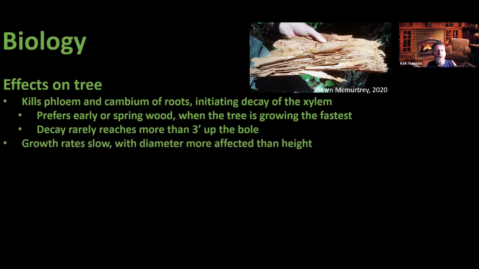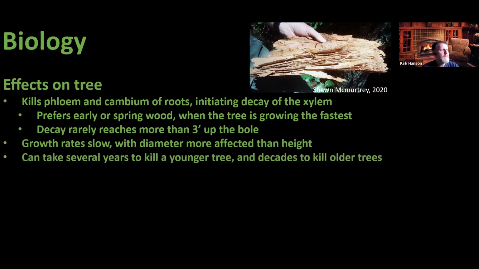The effect of root rot on a tree is that the growth rates of that tree slow down, and diameter is affected more than height growth. I'm not entirely sure why that is, and didn't have a chance to really dig into that, but I'd be open to anybody theorizing. And then it can take several years to kill a younger tree, but it can take decades to kill an older tree. And this is something that I've definitely observed in the woods when I come into root rot pockets, is there's still live trees within a root rot pocket.